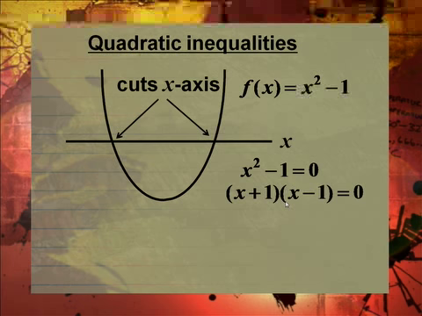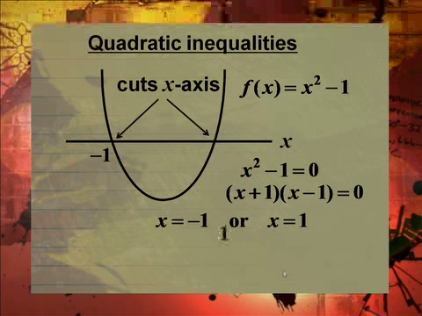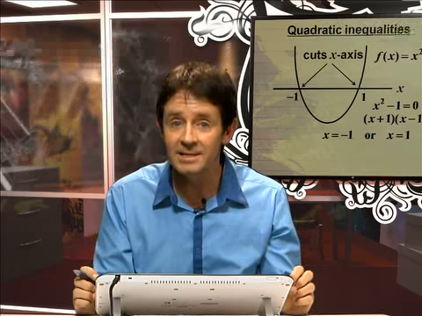So you factorize with difference of 2 squares, and if you remember from grade 10, x is minus 1 or x is 1. Now these are the x-intercepts of the parabola, and we can put them in there. So that's where it cuts the x-axis.